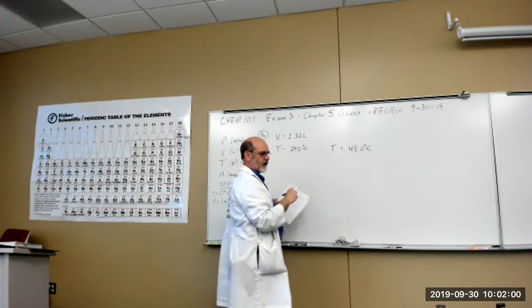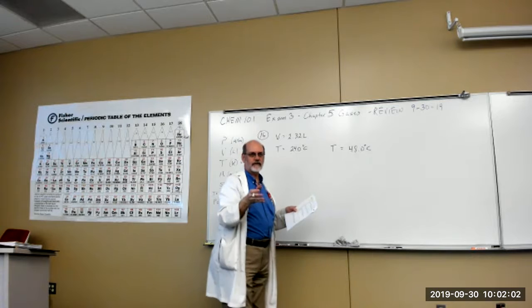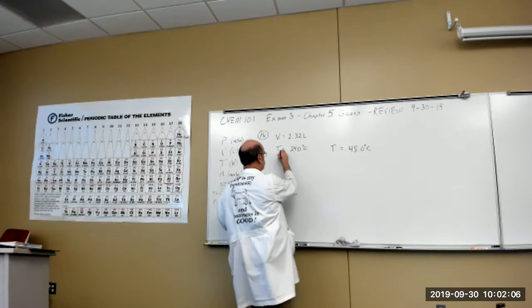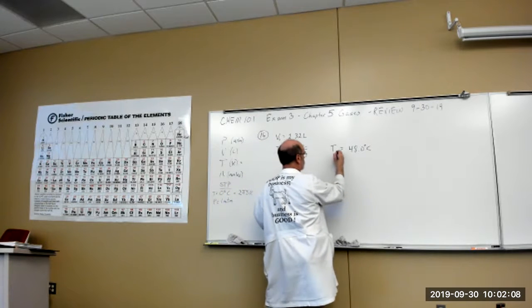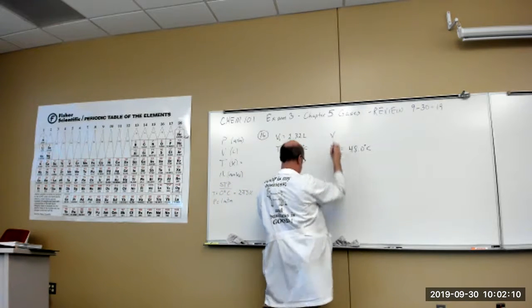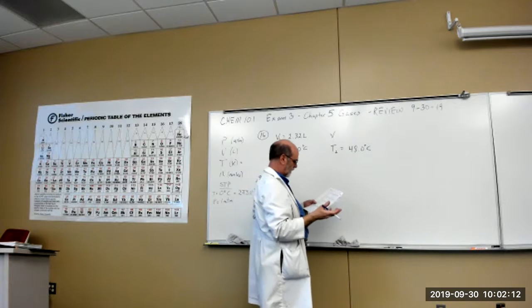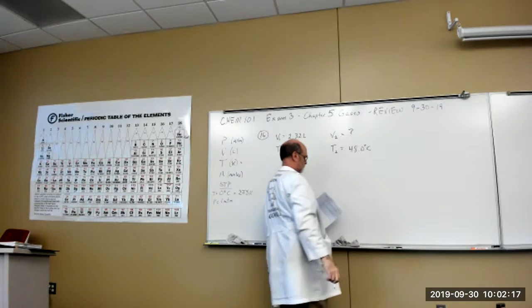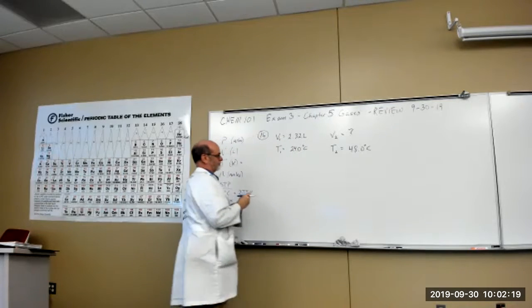So what kind of problem do we have here? A state function or a before and after? Right. So that's the beginning. That's the final. And then the question should be, calculate the new volume. So this is the one we want. All right.